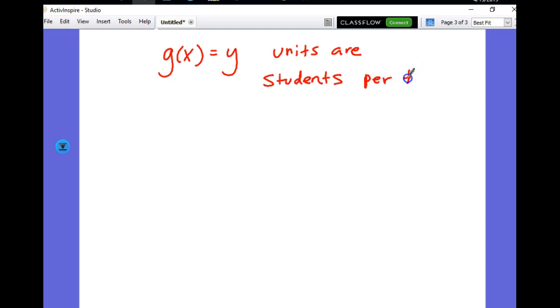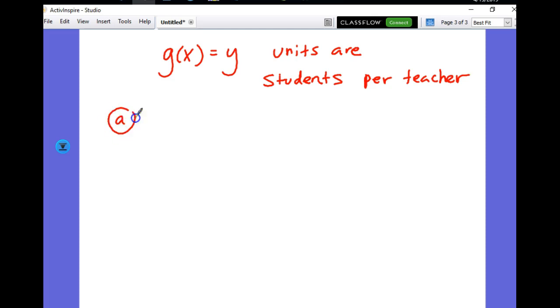Now let's say that G is a function, and the units for that function are students per teacher. The units for G are students per teacher.